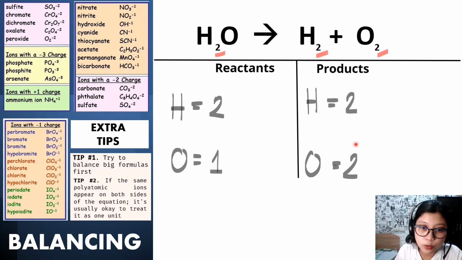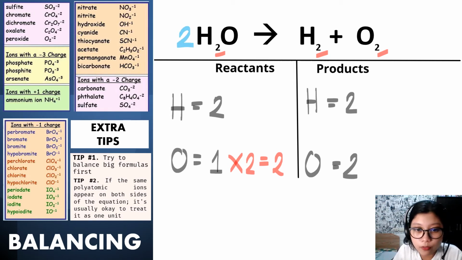We are going to multiply the oxygen in the reactant side by 2 for them to have the same amount of atoms. Since we multiplied it by 2, we will place the coefficient 2 right before the chemical formula H2O.